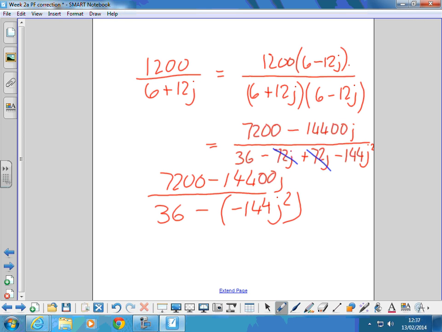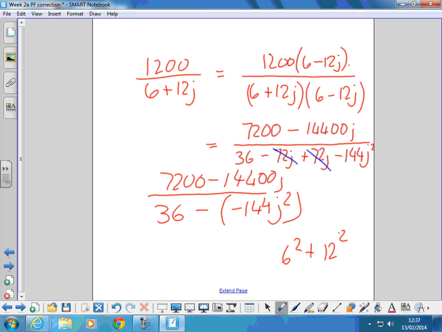To do that bottom bit, you just do 6 squared plus 12 squared. That's always what it is, because the minus 1 cancels out the negative that you get in the middle here, because J squared is equal to minus 1.